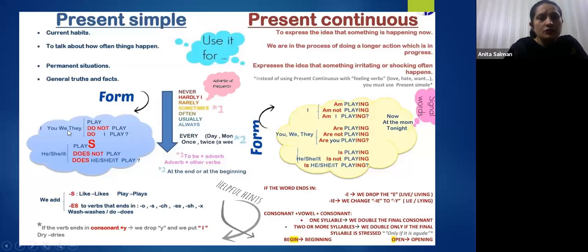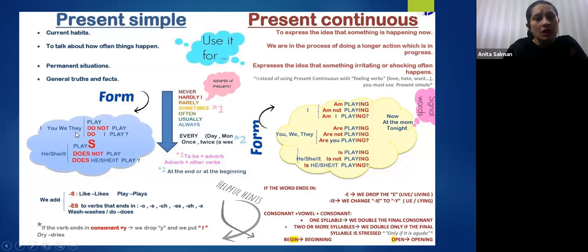I'm just going to tell you which verb you will use with I, you, we, and they, and which with he, she, and it, because in simple present tense we use the first form of the verb, or you can say the base form of the verb, with I, you, we, and they, right? You know what I, you, we, and they are?